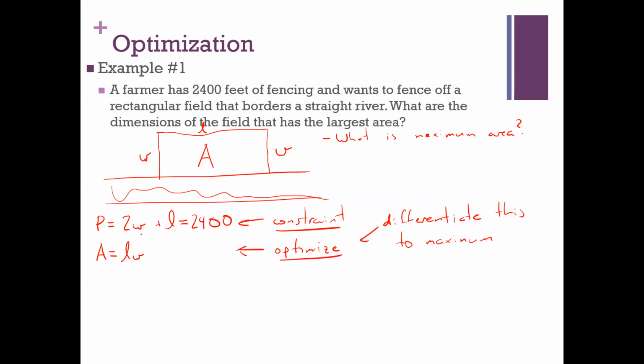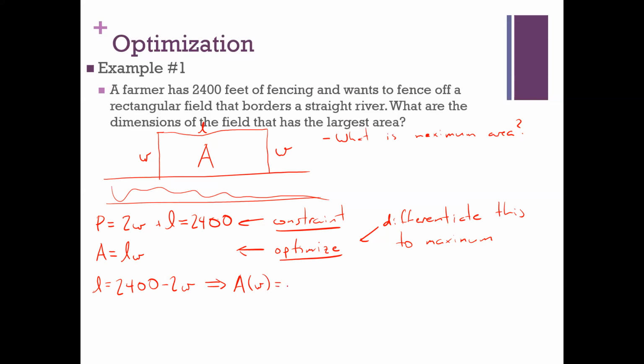Right. So this perimeter equation, here's the nice thing about it. It's an equation that tells me the fencing I have and what I'm limited by. So for my perimeter, I can do this. The length is equal to 2400 minus 2W, which means I can rewrite my area as a function of width.